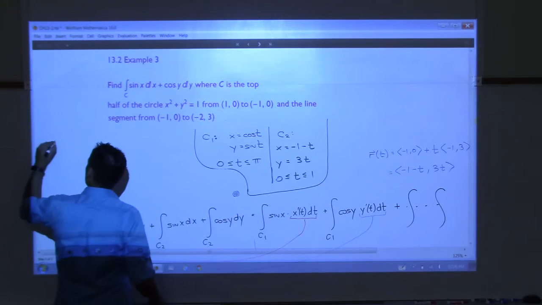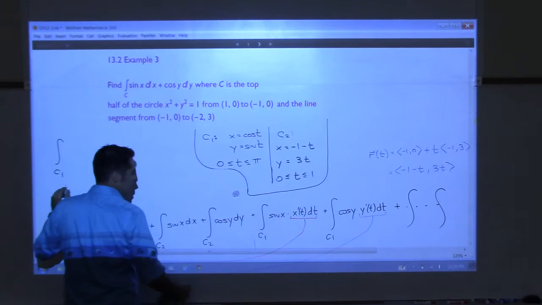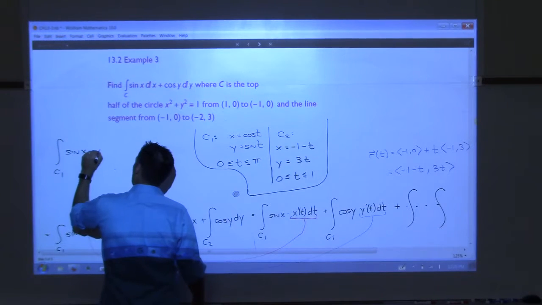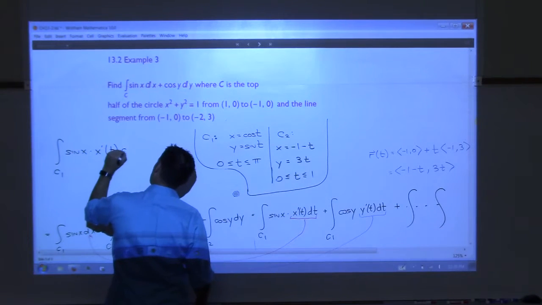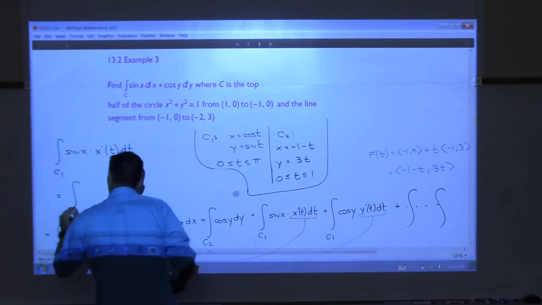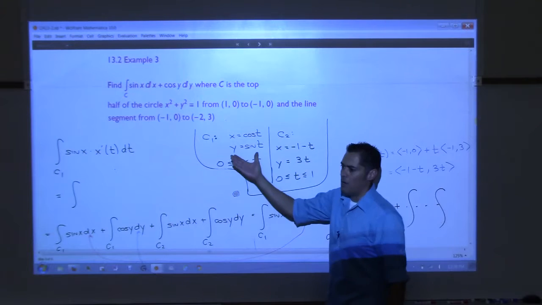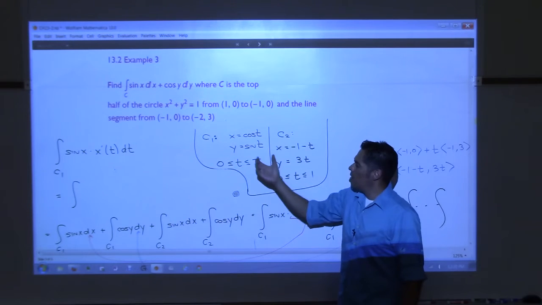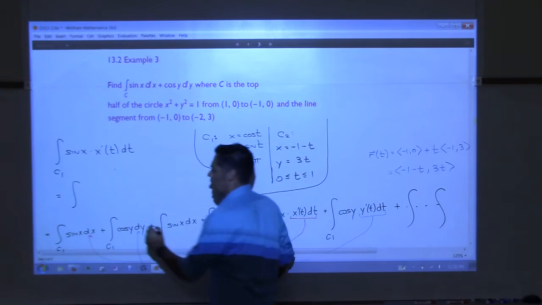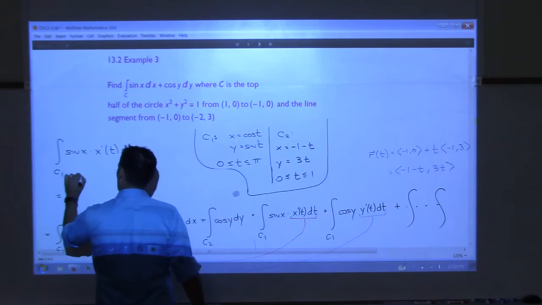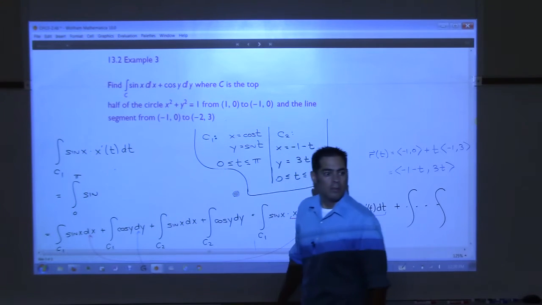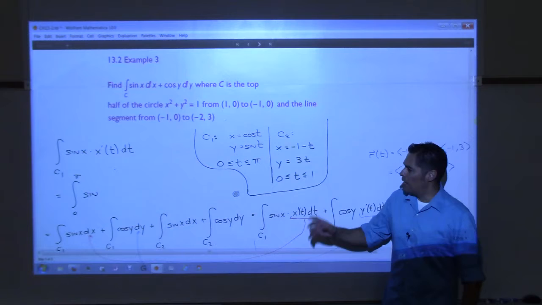What is the integral over C1 of sine x times x prime t dt? All right, this should be equal to the integral. Now, we're on C1 right now, aren't we? On C1, our restrictions are from 0 to pi. So I go from 0 to pi of sine x, right? So sine of what? Yeah, this is weird.